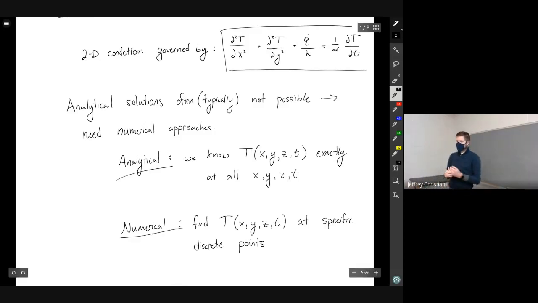So the big difference between an analytical approach and the numerical approach is we have to define, like, I want to know temperature right there. What's temperature right there? You're not going to get nice equations that describe it anywhere, like throughout the entire object. You're going to have to say, I want it there, and I want it there, and I want it there, and I want it there. And you have to go and define what points you actually want to calculate it at. And then we're going to build up equations that allow us to calculate it at those individual points.